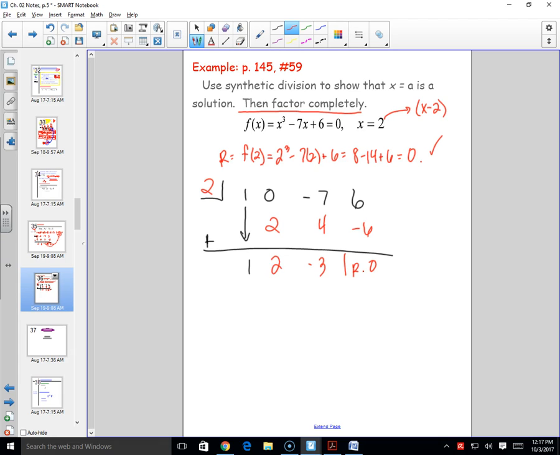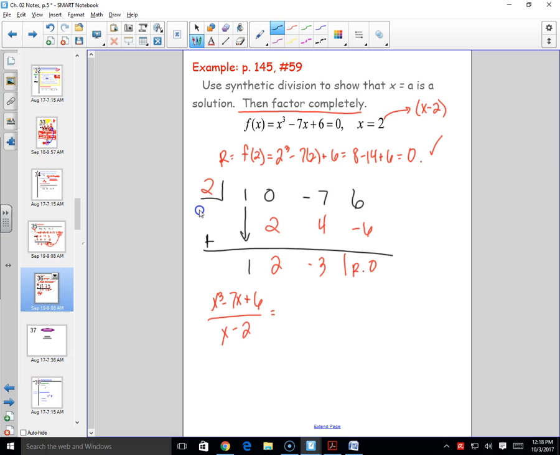What can I say? Well, be careful. I can say that f of x divided by x minus 2 is this answer. But I'm trying to factor, so a better way of stating it wouldn't be the division. I could say the division, because that's technically all we did so far. When we put that 2 in the box, we were dividing by his factor, x minus 2.